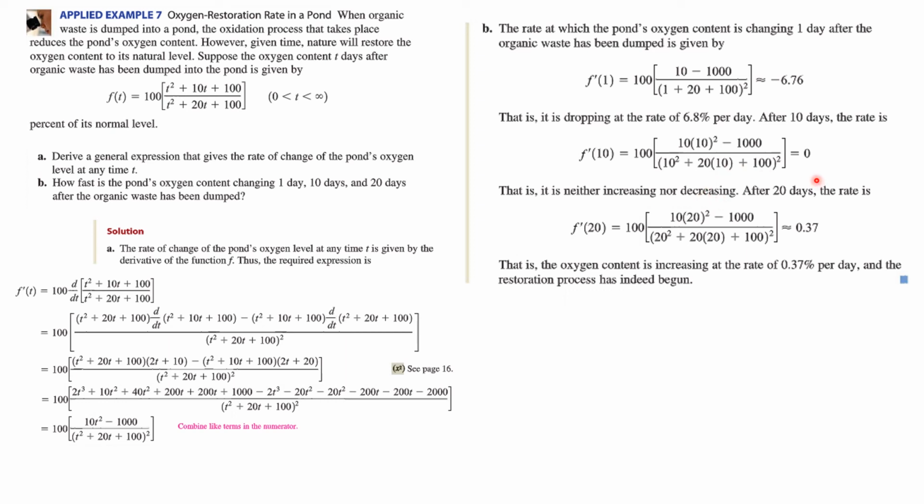It's changing from positive to negative or negative to positive, and after 20 days you put 20 in and it is 0.37. So it's decreasing at a rate of 0.37% per day. Notice that this is a very small number. This is well less than 1%.